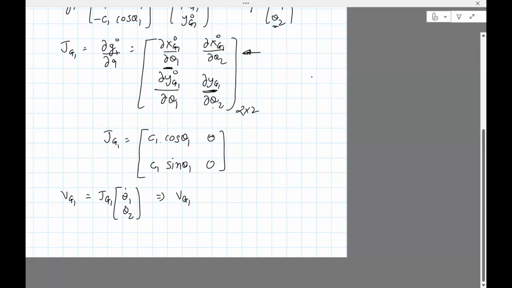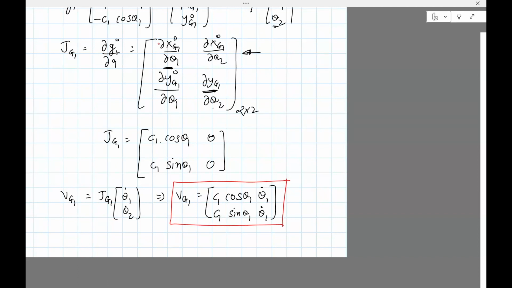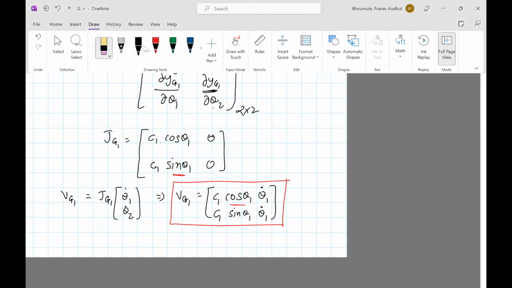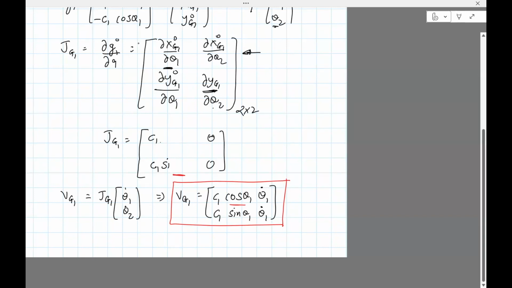Multiplying this out gives us C1 cosine theta 1 times theta 1 dot, and C1 sine theta 1 times theta 1 dot.